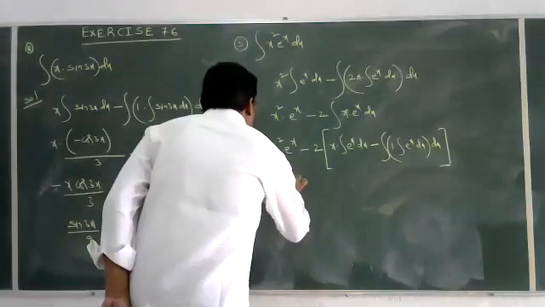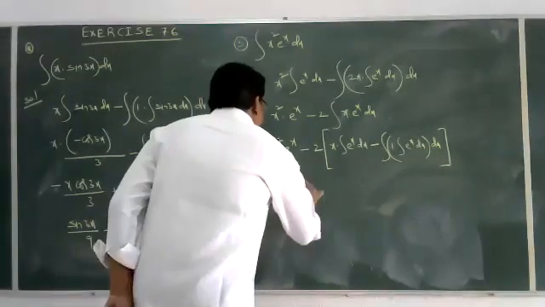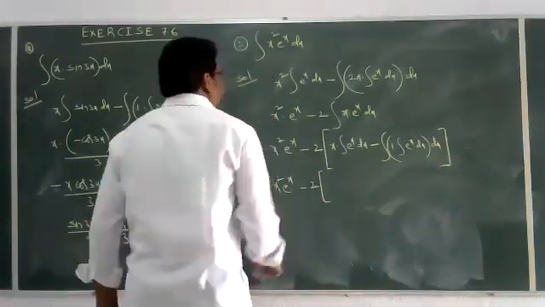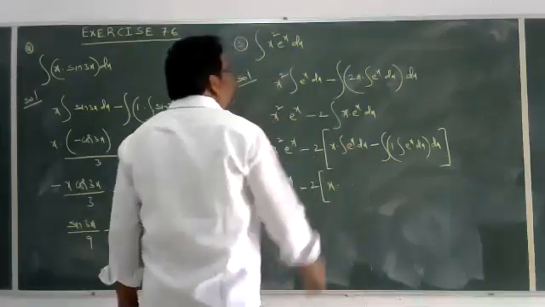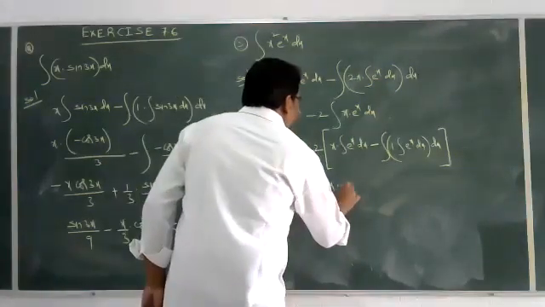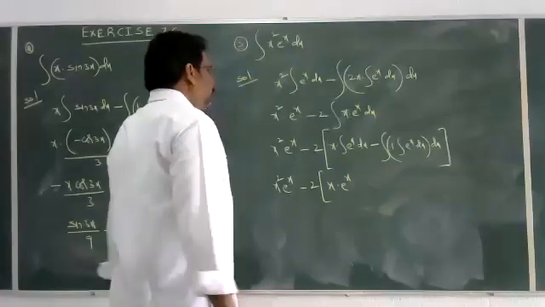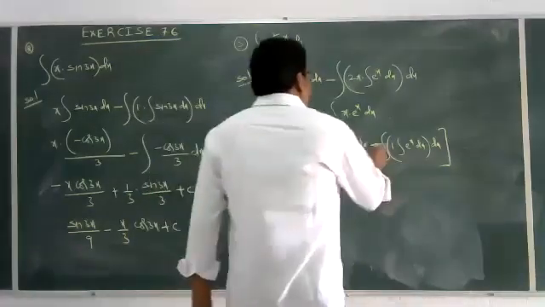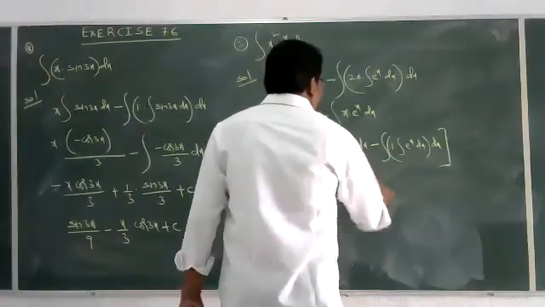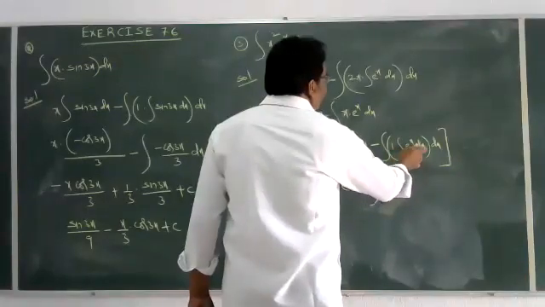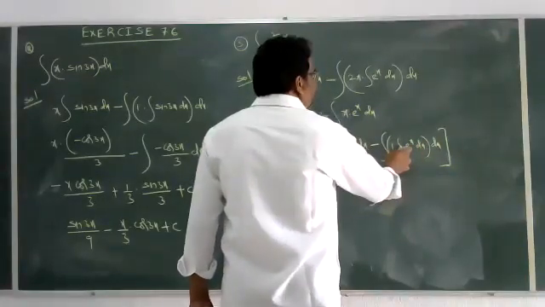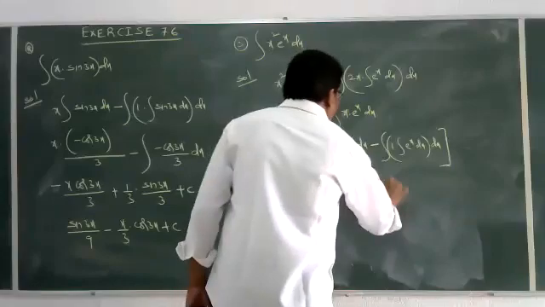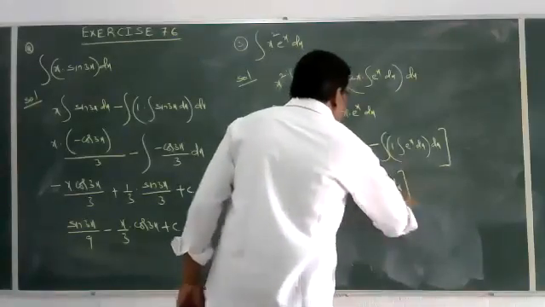That is x square into e power x minus 2 into x into, what is the e power x integration? Again e power x. So minus integral, e power x integration is again e power x, e power x into 1, again e power x into dx.